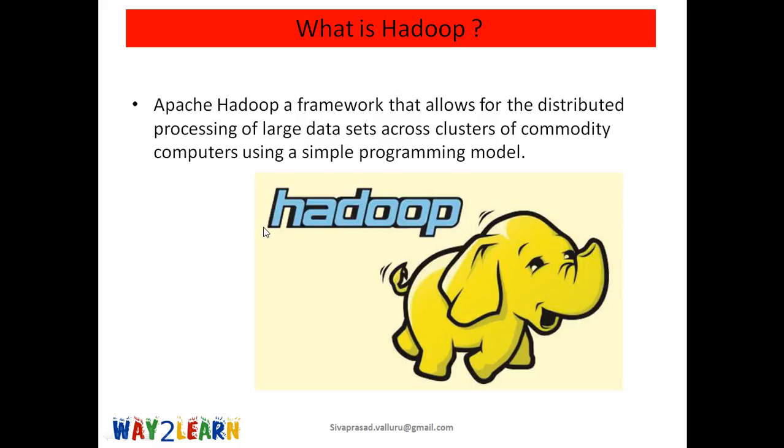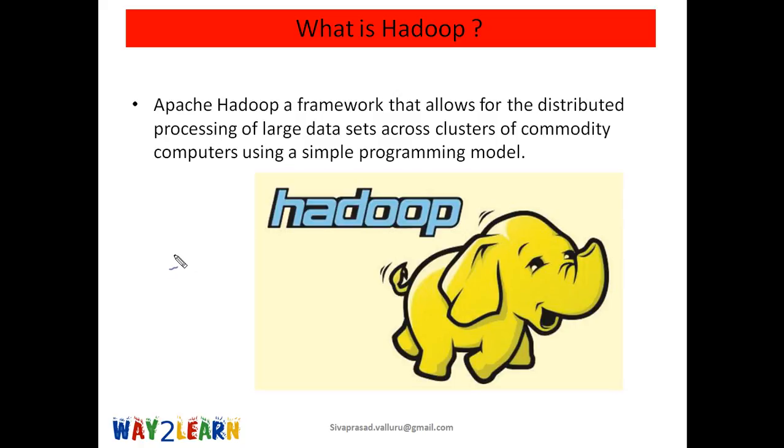What is Hadoop? Hadoop is a framework that allows for distributed processing of huge data sets using clusters of commodity computers. Very simple, don't worry about the definition. Hadoop is a framework which allows for distributed processing of huge sets of data using a simple programming model.